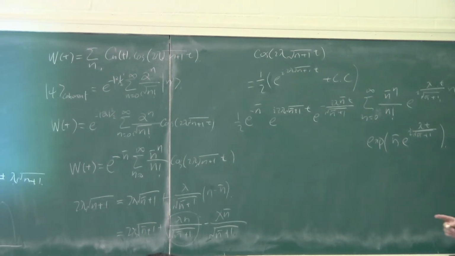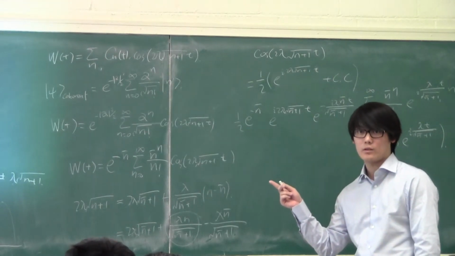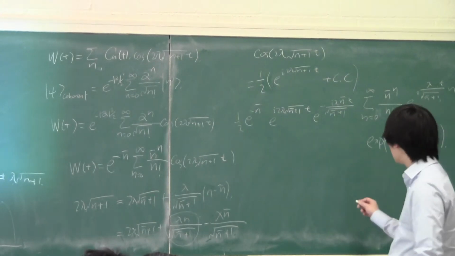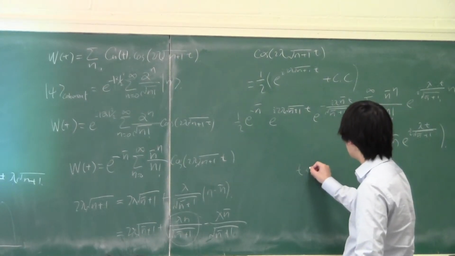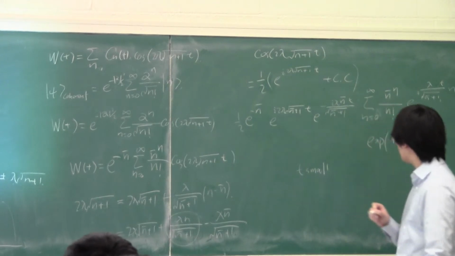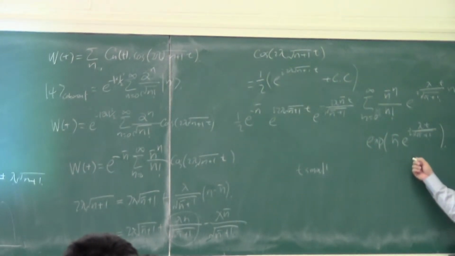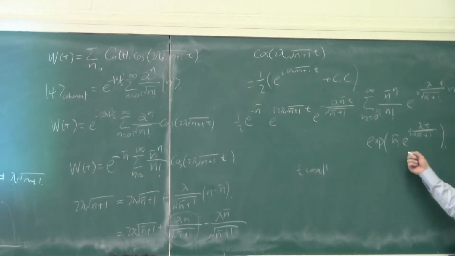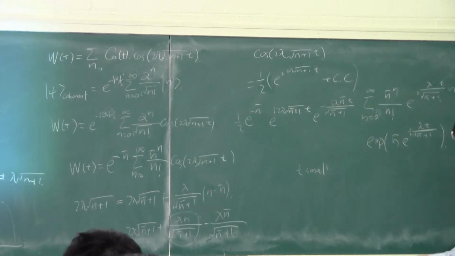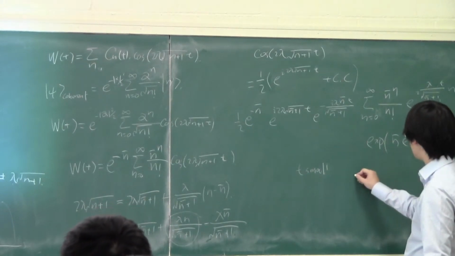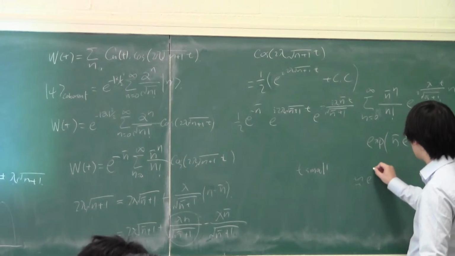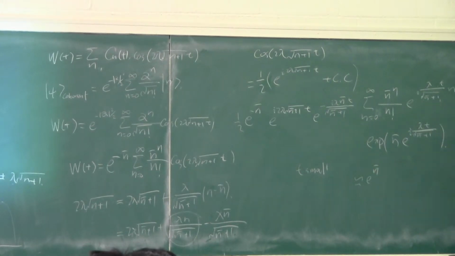For the first collapse, which we found to be a very short time for all the n. So when t is small, we can expand this exponential, and let me expand it to second order. So this is roughly equal to e to this.